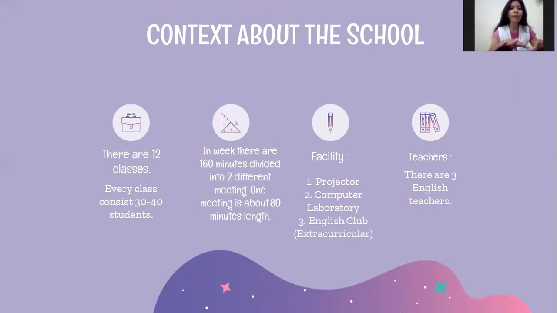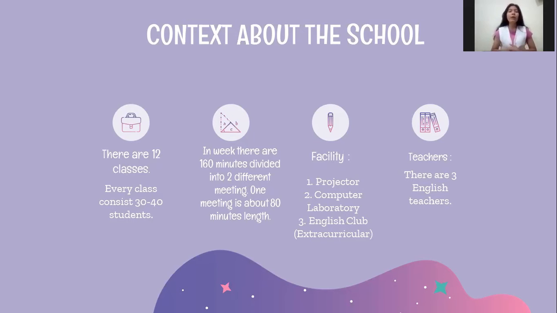Context of the school, please. Yes. So here in Don Bosco Elementary Private School, there are 12 classes for grade 1 to grade 6, and every class consists of 30 to 40 students. In a week, students have English lesson twice.